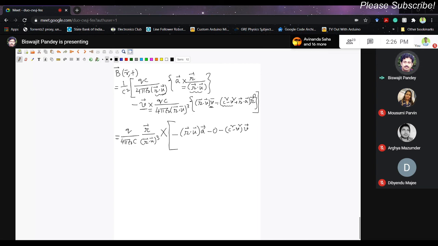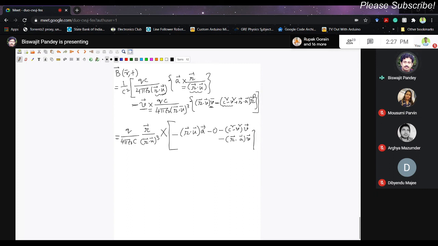Minus and minus becomes plus, but since I have reversed the order, this was V cross R. Now I have made it R cross V, so the sign will change. This is minus, this is minus, so the sign is plus, but since I am reversing the order, writing V cross R as R cross V, that will become again minus c square minus v square into v. And the last term, again, this is minus, for the same reason, minus, that will become again minus R dot A into V.